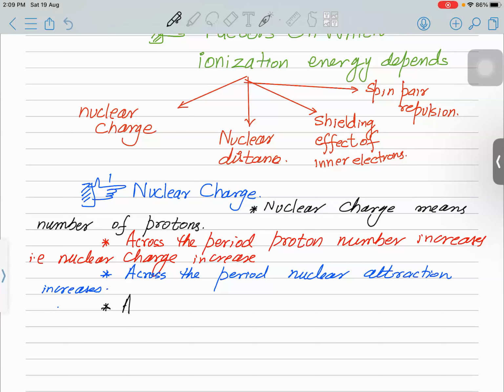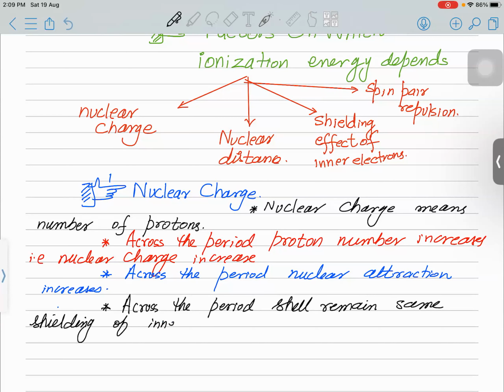So across the period, the shell remains the same, and shielding of inner electrons remains the same because the inner electrons remain the same.